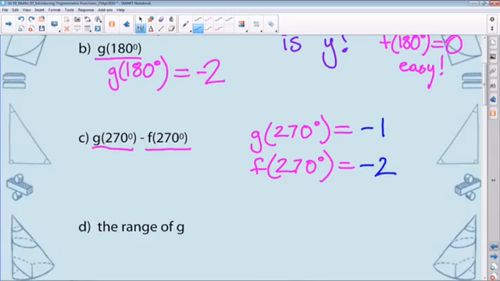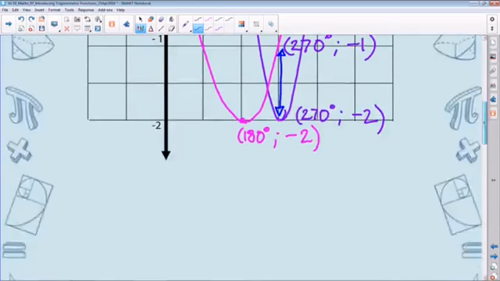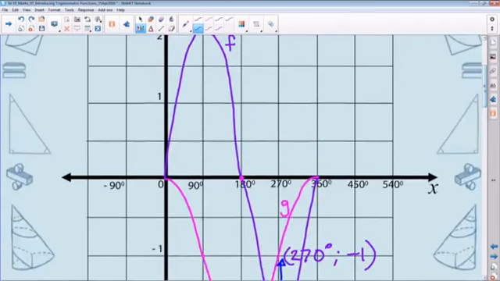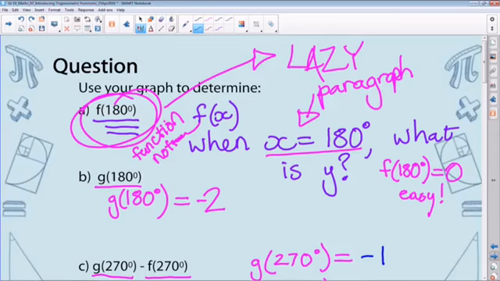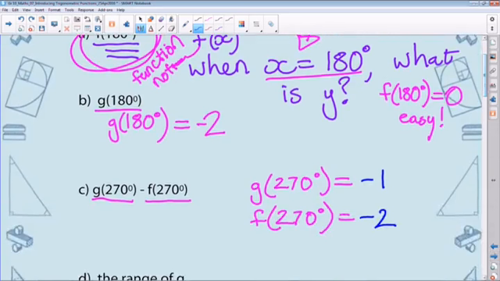I'm pretty sure I'm right. And f at 270 degrees was -2. Yes. Okay. So that means this question, C, is asking -1 minus -2 is equal to what?